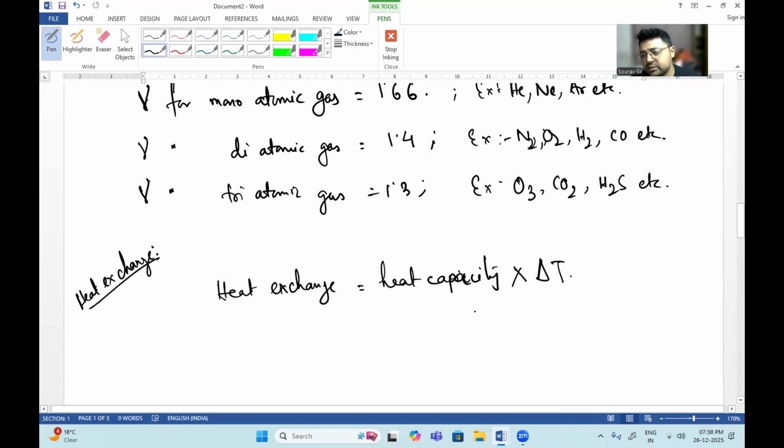Alternatively, heat exchange can be specific heat times mass times delta T. So these are all important.